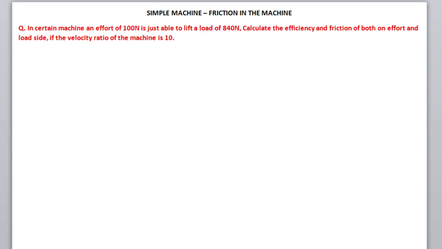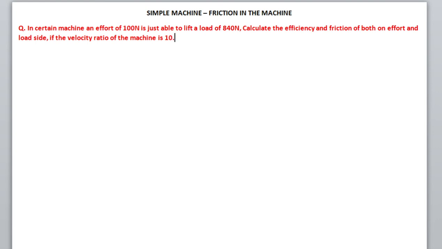Friction in case of effort is the additional effort that is required to overcome the frictional force. That is friction in terms of effort. And what is friction in terms of load? Friction in terms of load is defined as the additional load that can be lifted if friction was not there.